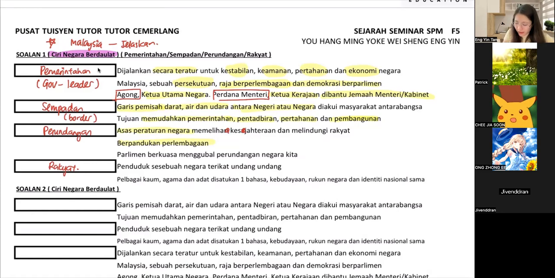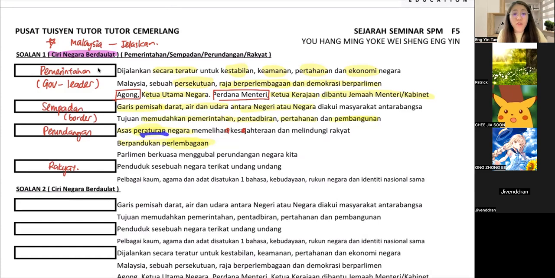And then when I explain perundangan here, I want you guys to look at the word here. I want to emphasize this because the first time I read it, I also was a bit confused. So perundangan merupakan asas peraturan negara. Apa maksudnya? What does it mean?